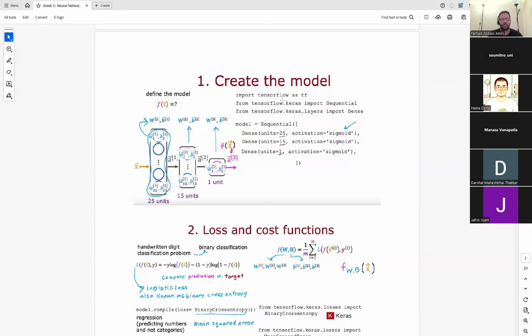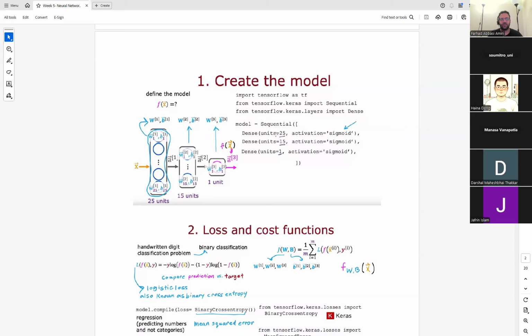So this was the code that we used in the previous slide, right? We imported TensorFlow as tf. From TensorFlow Keras, we imported Sequential to string the layers together. And then from TensorFlow Keras layers, we import Dense. Dense is a type of layer. So our model is a Sequential of 3 Dense layers.